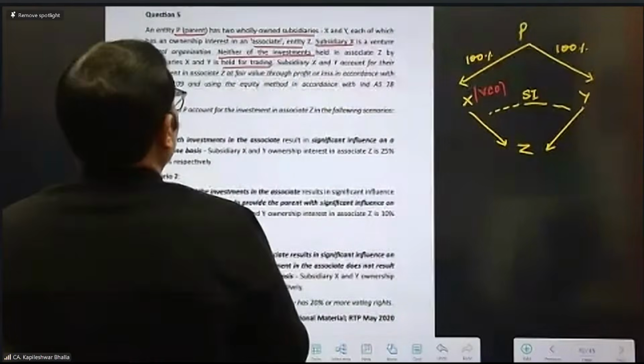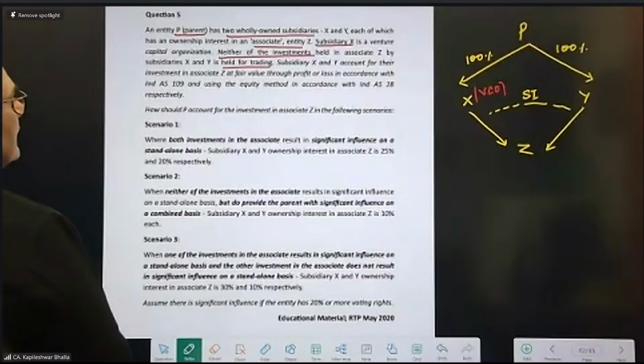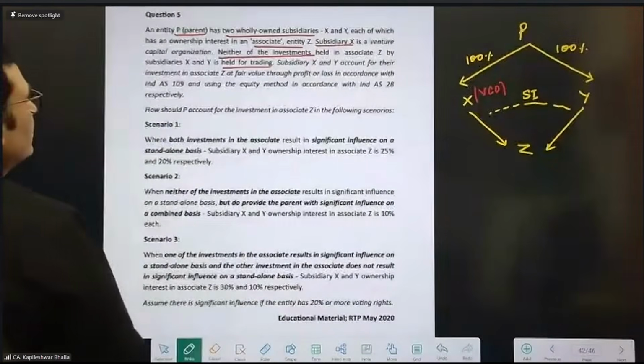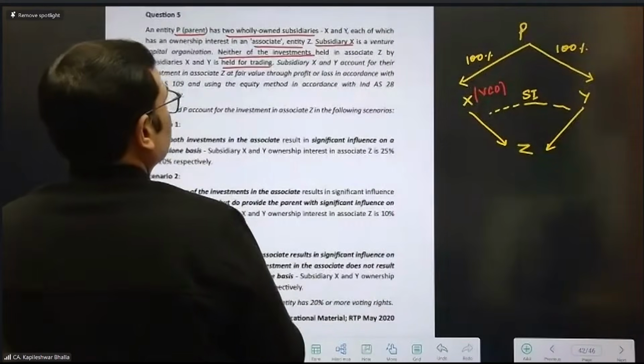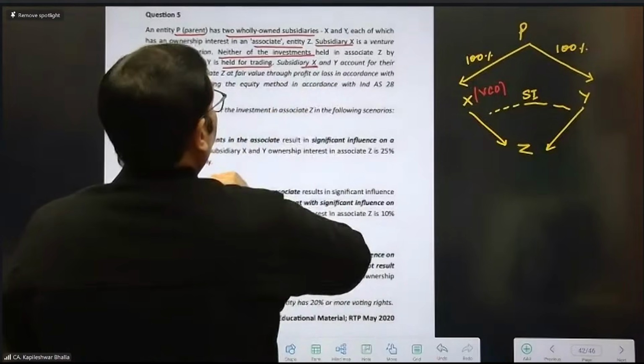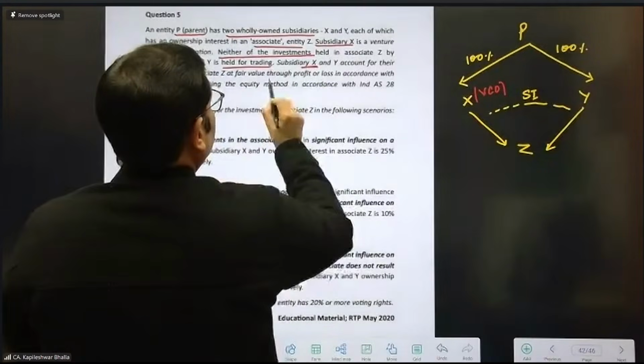Subsidiary X and Y account for the investment in associate at FVTPL in accordance with Ind AS 109, or using the equity method in accordance with Ind AS 28. How should P account for the investment in associate Z?